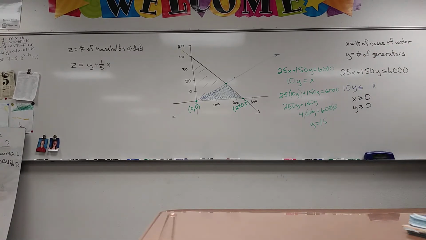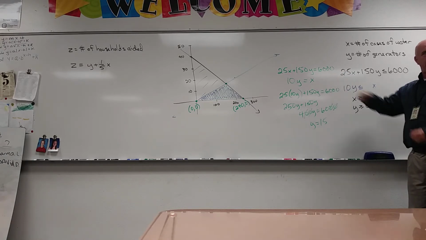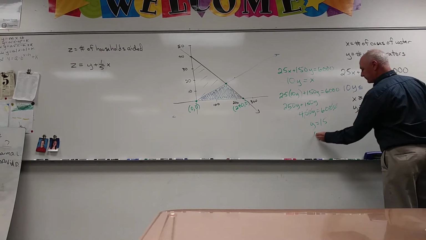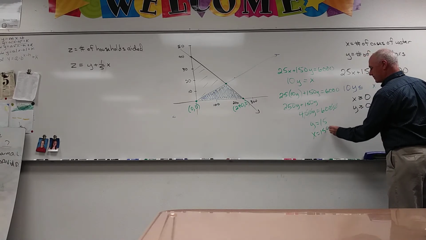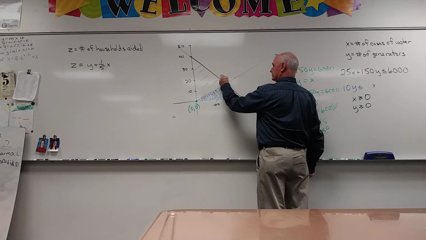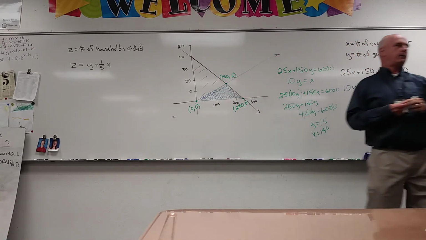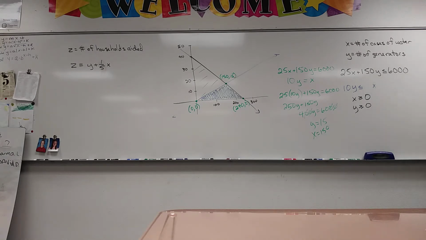And y is 15. If y is 15, then x is 150. Which therefore makes this point 150 comma 15. And we now have the vertices of our feasible region.